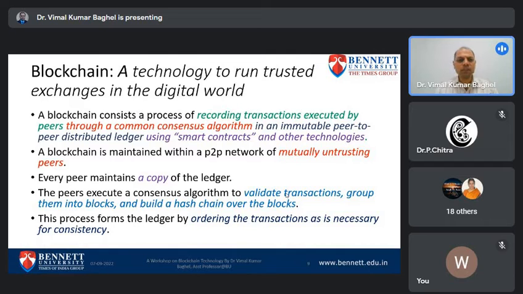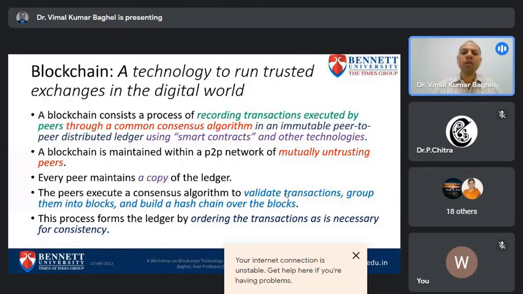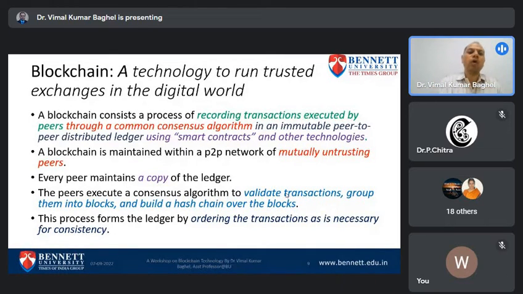And immutable peer-to-peer distributed ledger means that once the record is committed over the blockchain, that block will not be deleted. That block will not be tampered with by any of the participants. If there is a need to change or modify something, a new block will be added, and it will be present along with the old block also.